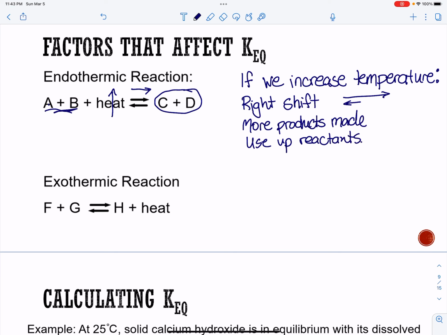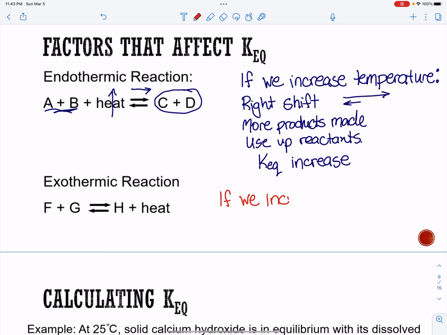If you'll remember that KEQ is products over reactants, if we have more products being made and fewer reactants, that means our KEQ value is going to increase. So if you increase temperature with an endothermic reaction, KEQ also increases.